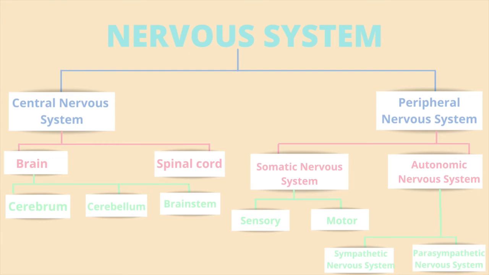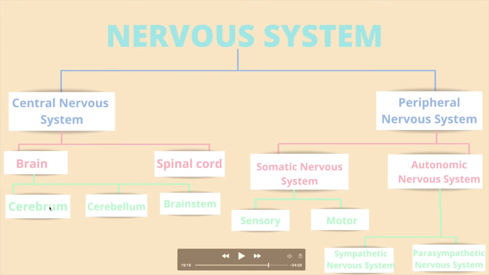And of course, the nervous system is made up of the central nervous system and the peripheral nervous system. And the central nervous system is further made up of the brain and the spinal cord, while the brain consists of cerebrum, cerebellum, and the brainstem.